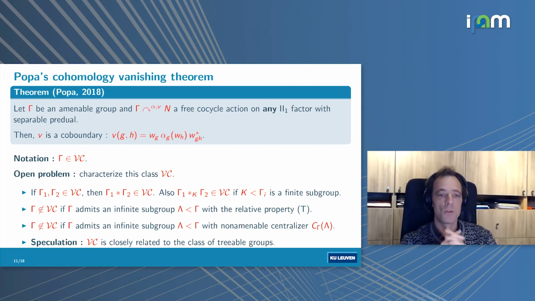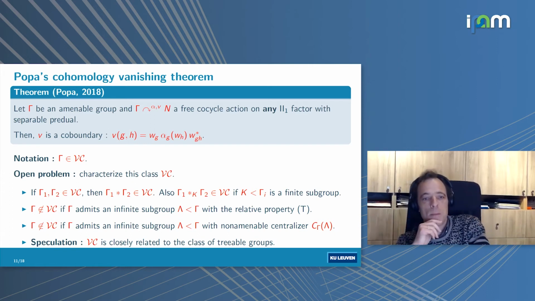Now, there are quite a few groups known not to have cohomology vanishing. Most notably, Sorin proves that property T is an obstruction. I will not go deeply into the definition of property T here, but it's a group theory property.